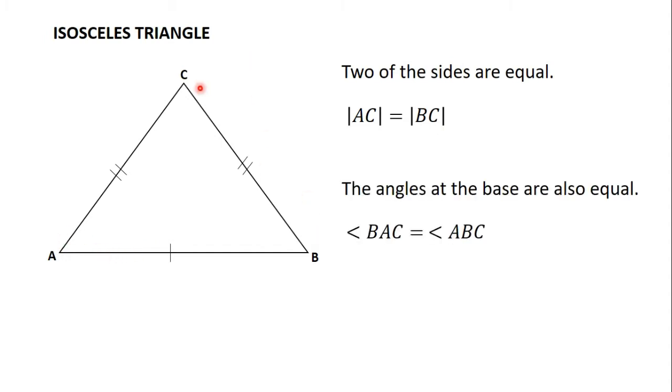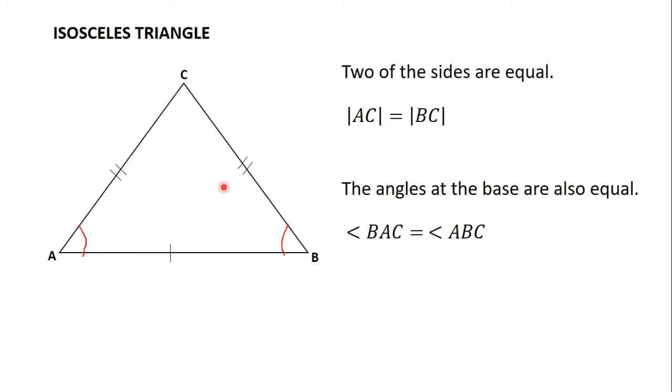Another important thing about isosceles triangles is that the angles formed at the base are also equal. So the angle formed here and the angle formed here are also equal. That is another unique property about isosceles triangles.